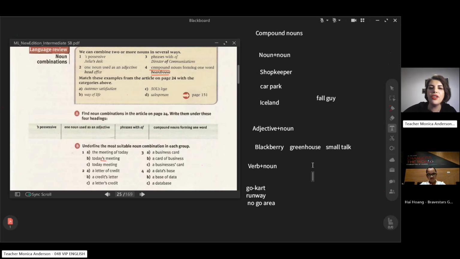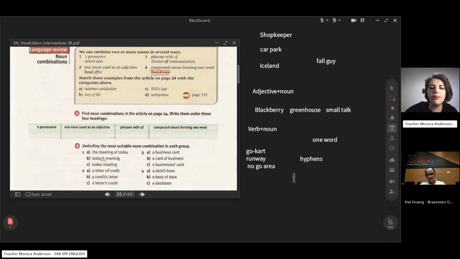So first of all, one word, that is really easy, like shopkeeper. It's an example, just a normal one word. And the second one, hyphens. Let me show you, for example, son-in-law. Can you see?